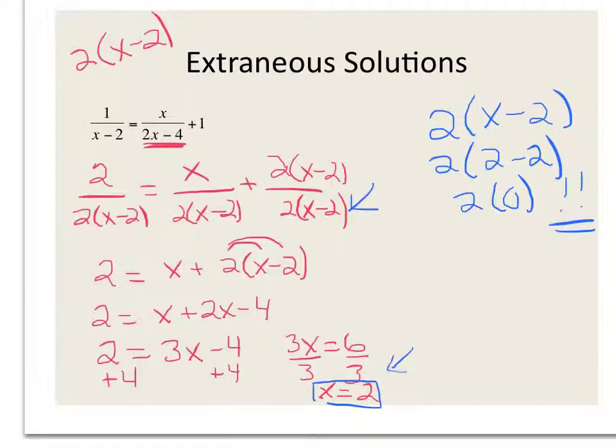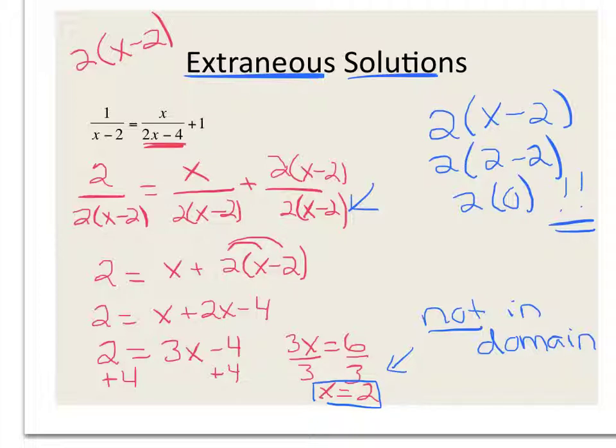So x equals 2 is actually not in the domain of my function. This is called an extraneous solution. That means that it's a solution technically, but it doesn't actually work because it defies the domain laws. It creates something that doesn't exist.